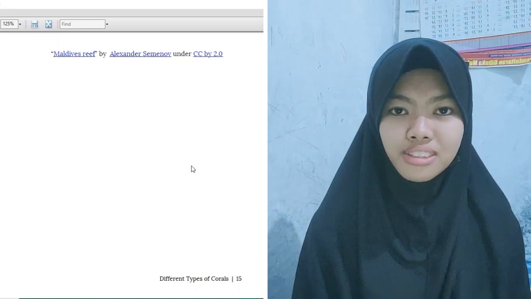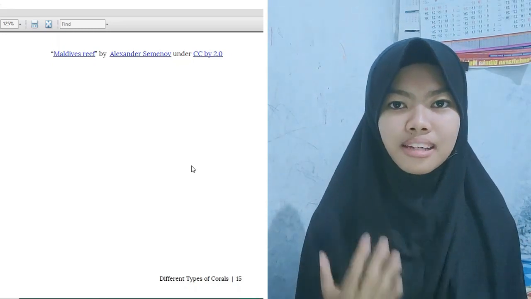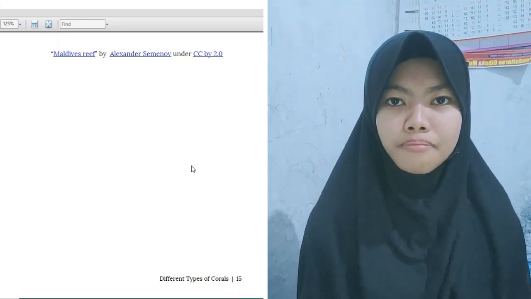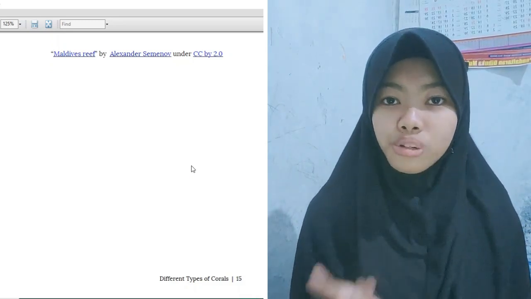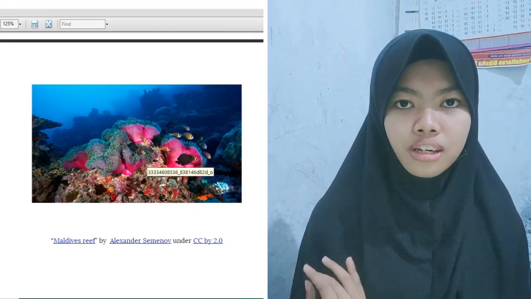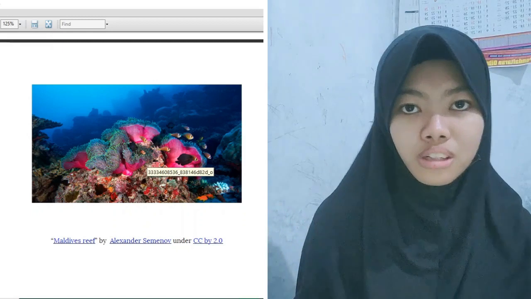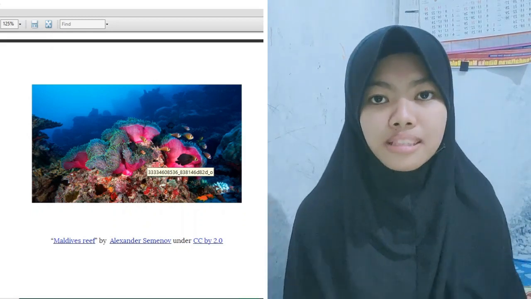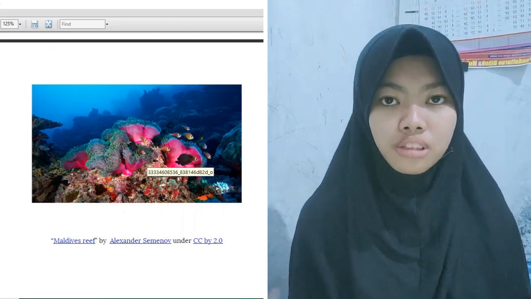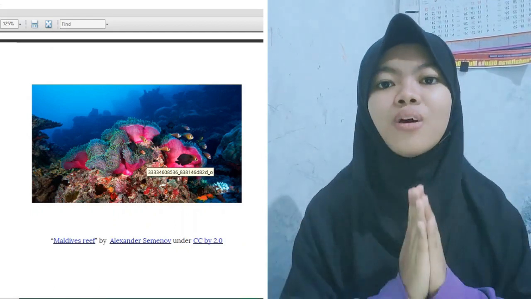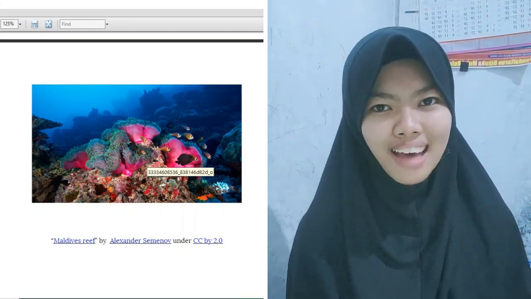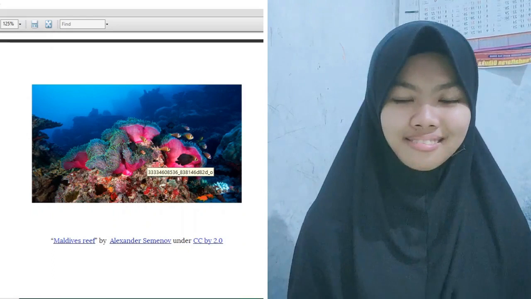I really recommend this to you because it makes us aware of our environment, our oceans. It made us realize that oceans are important for us and we have to help the oceans. We have to save the oceans because we need the oceans. So I hope you will read this book and I bet that you will like it too.